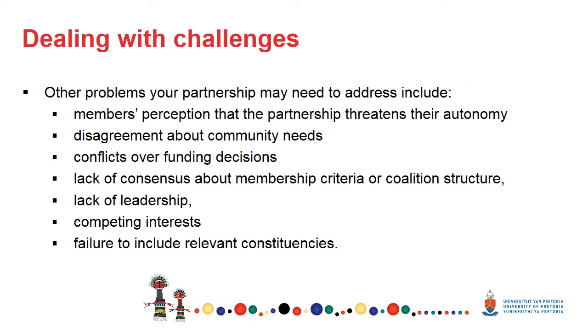Other problems your partnership may need to address include members' perceptions that the partnership threatens their autonomy, disagreements about community needs, conflict over funding decisions, lack of consensus about membership criteria or coalition structure, lack of leadership, competing interests, and failure to include relevant constituencies.